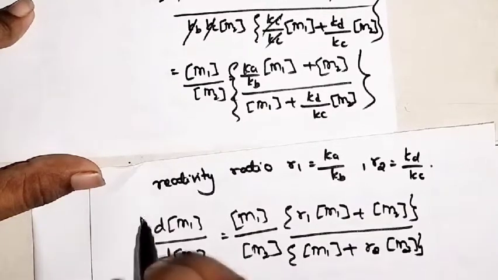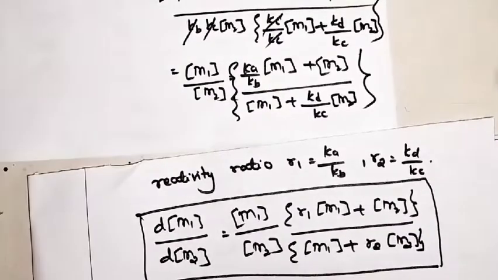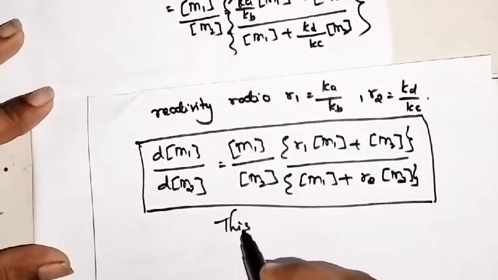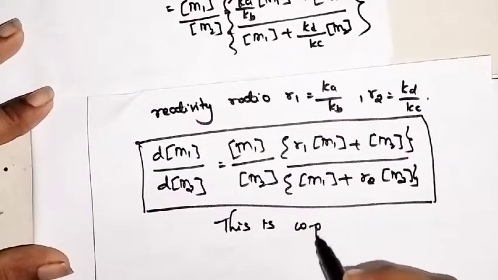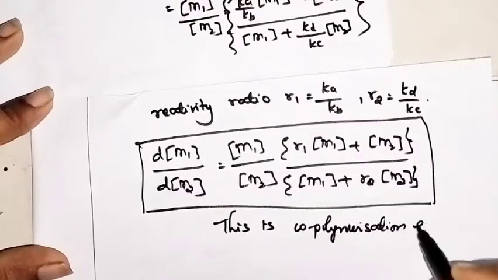Okay, this is your final expression for the kinetics of copolymerization technique. Okay, this is the copolymerization equation.